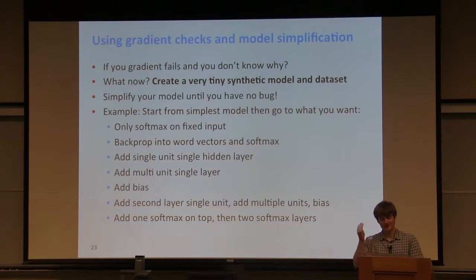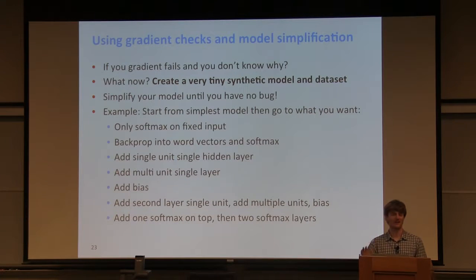And so one really great way to help you debug your models, both very conceptually but also in terms of the implementation, is to create a very small synthetic model and data set. So basically you will simplify your model to the extent possible. You may start with the simplest thing, like just having a softmax on a fixed vector.